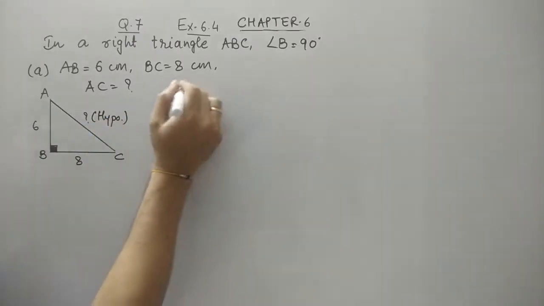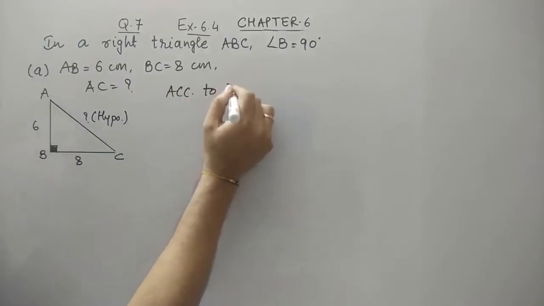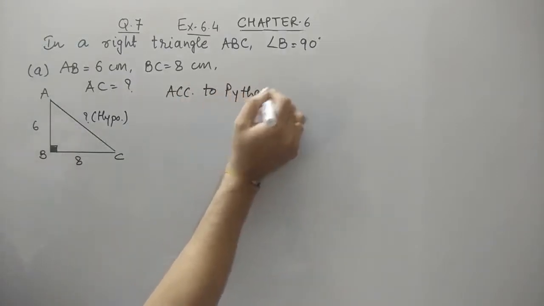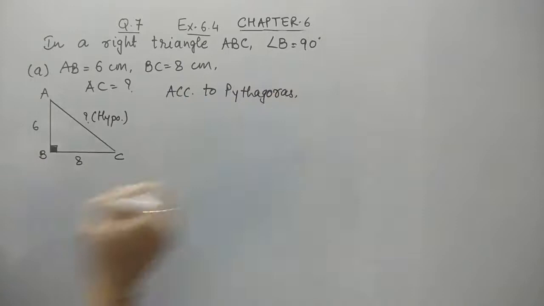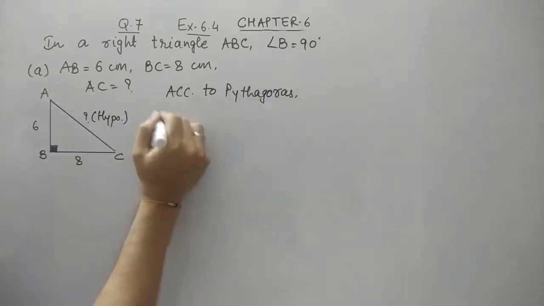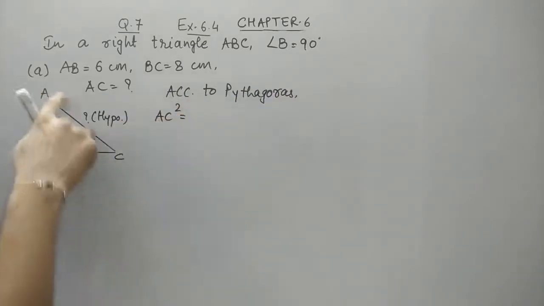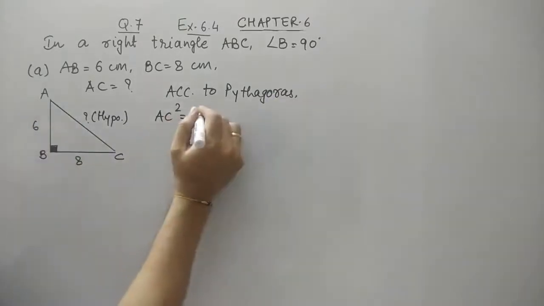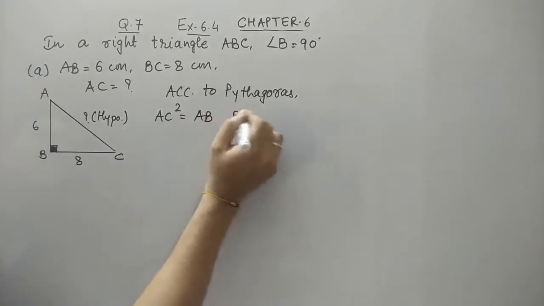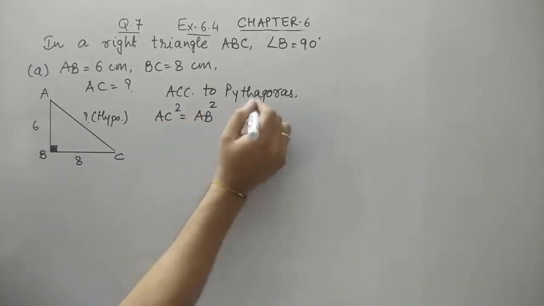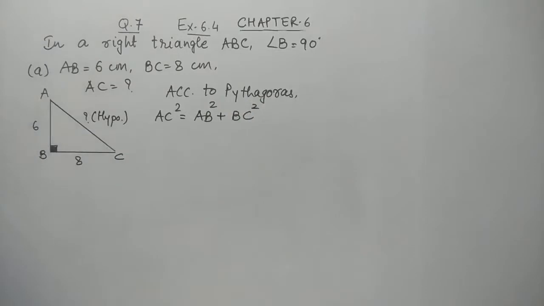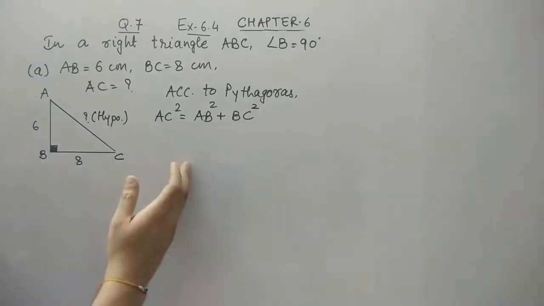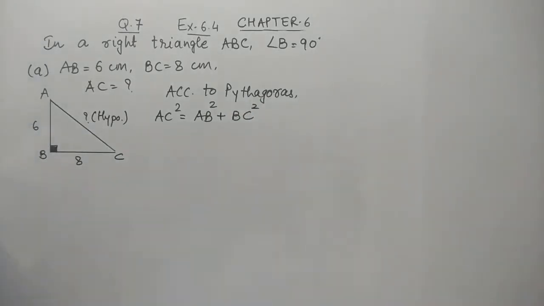According to Pythagoras, we can write that the square of the hypotenuse equals the sum of the squares of the other two sides, that is AB and BC. Again I tell you one more time, you should remember this. It is very important and will be useful for further studies also, for standard 9, 10, even beyond.